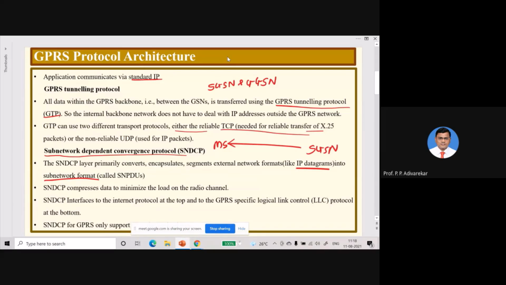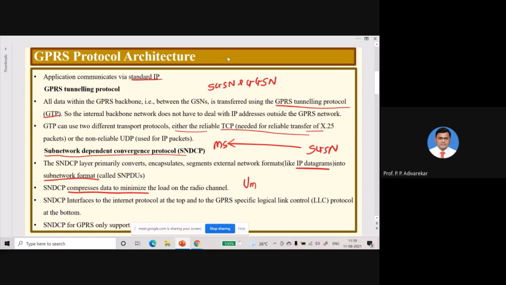Also, we know that mobile handsets cannot have a large battery life, so all the data has to be compressed in order to transmit efficiently over the wireless network, which is the Um interface. So compression of the data is also done by SNDCP.